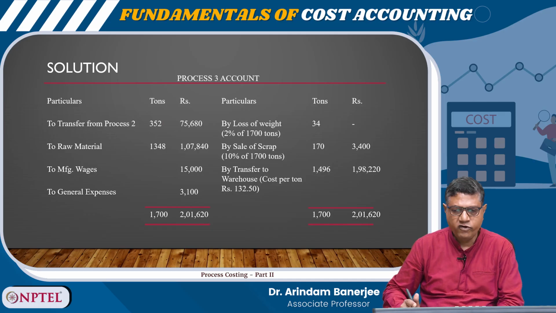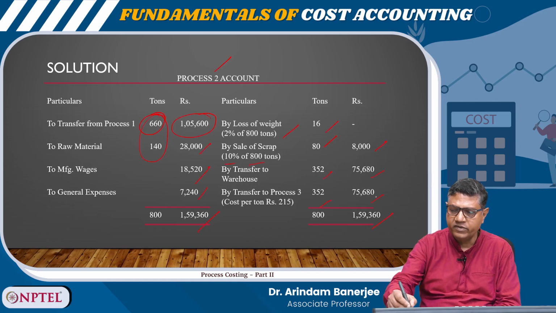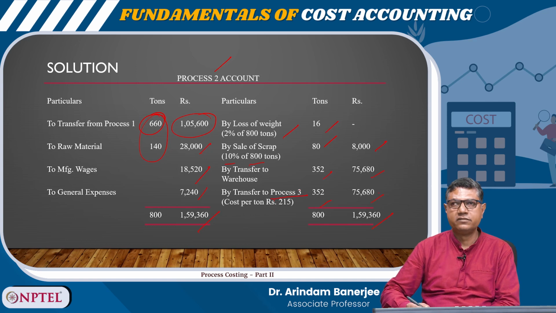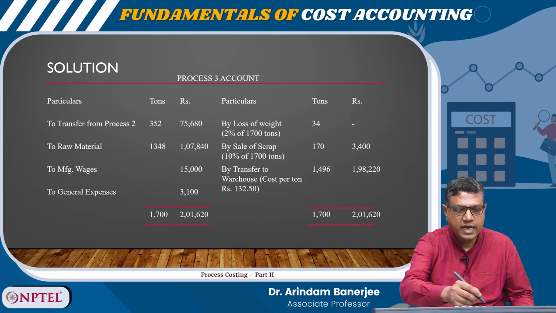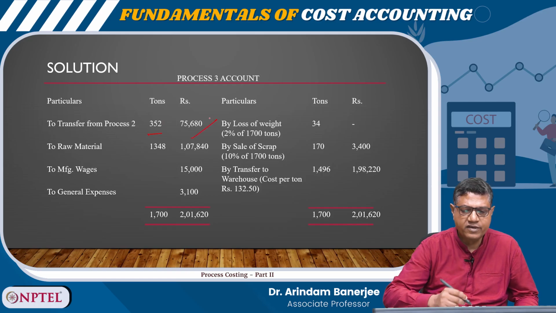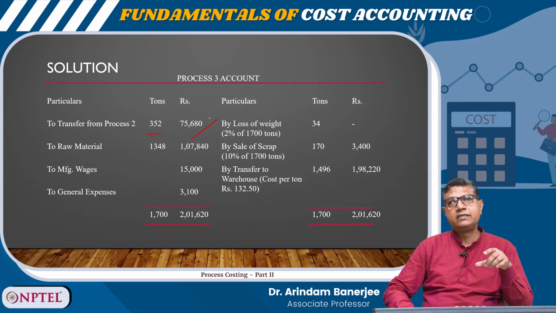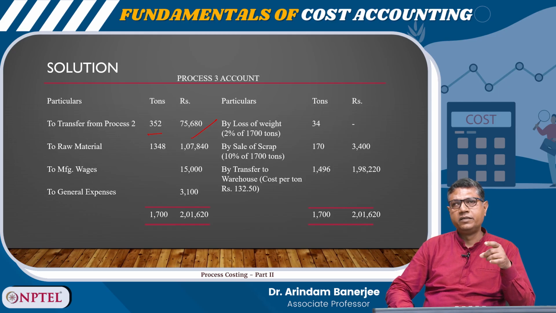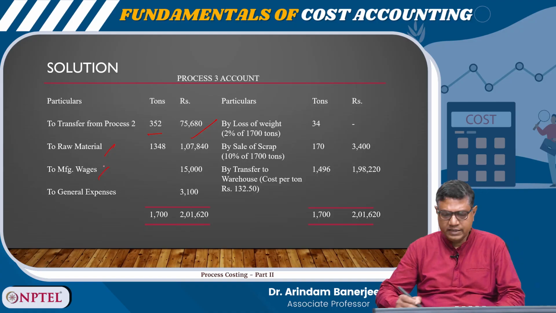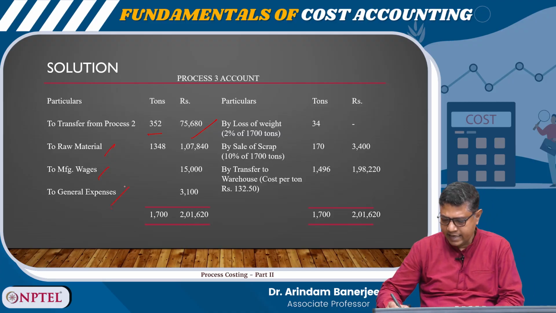Now this 75,680 from process 2 is transferred to process 3. So, transfer from process 2, 352 tons, 75,680. With this, in process 3, the raw material, manufacturing wages and general expenses are added.